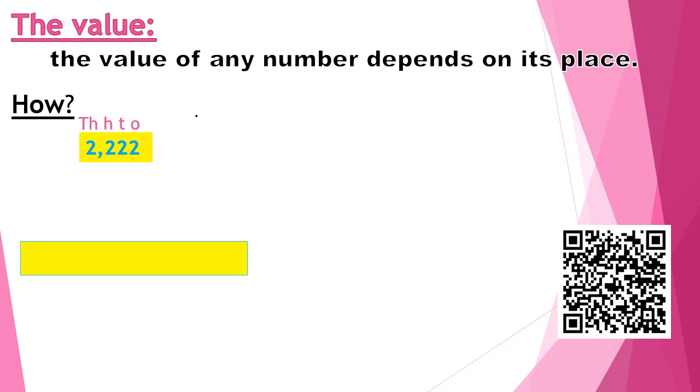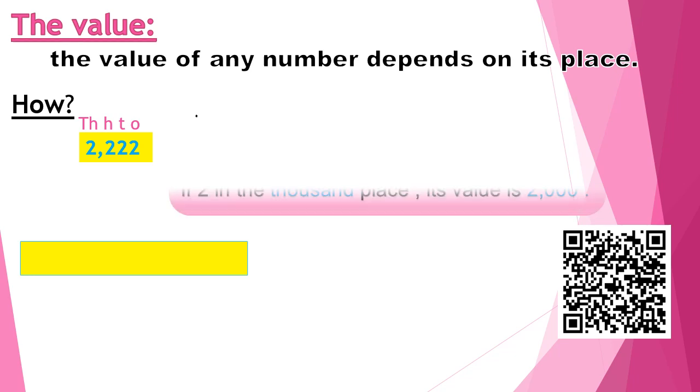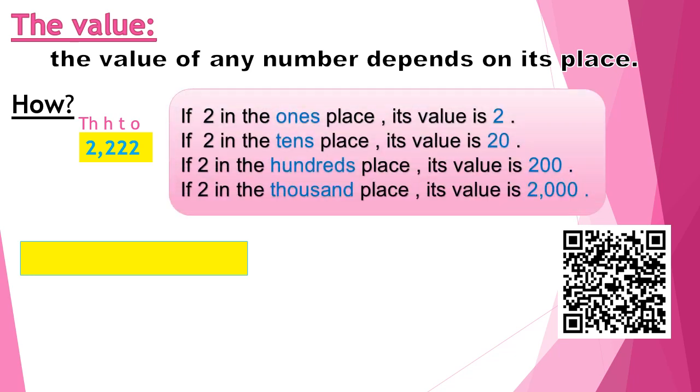To know the value of any digit here, we must write the place first. We said the value depends on its place. Let's find the value for each 2. The first 2 is in ones place, its value is 2. We will not put any 0.